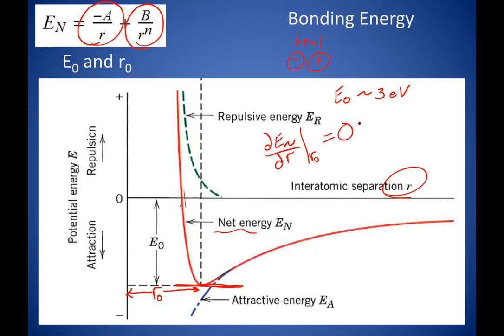So I take the derivative, I set it equal to 0, and then I solve for R. That R that I'm solving for is R0, the equilibrium spacing. Once I have R0, then I just take that and put that into the net energy equation, and that'll then give me the bond energy, E0. So we can do that mathematically.